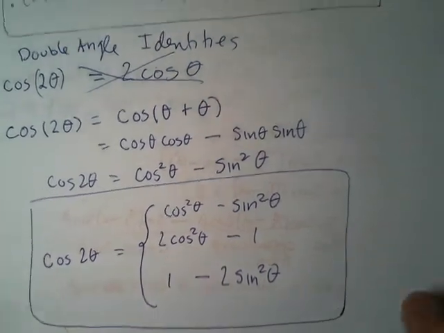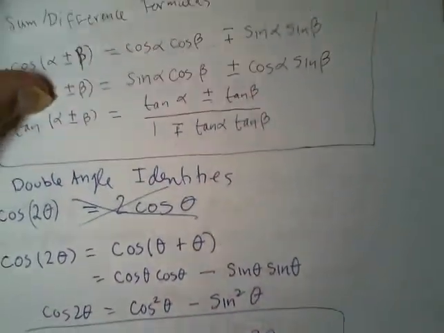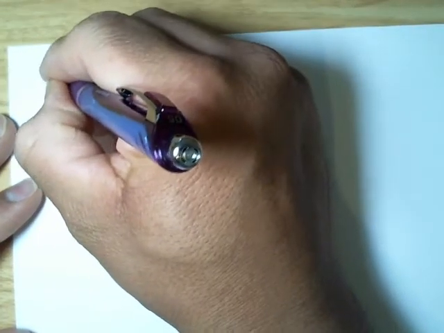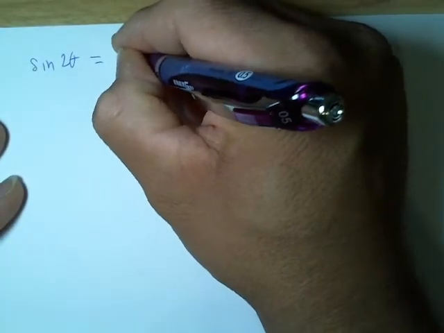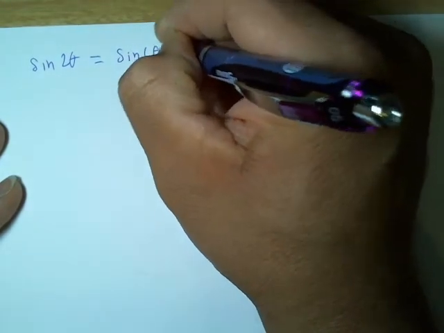Now, what about for the sine? Again, same approach here. Sine of 2 theta: I cannot bring that 2 outside the sine, that is not how our trig functions work. What I can do is apply stuff that I do know.